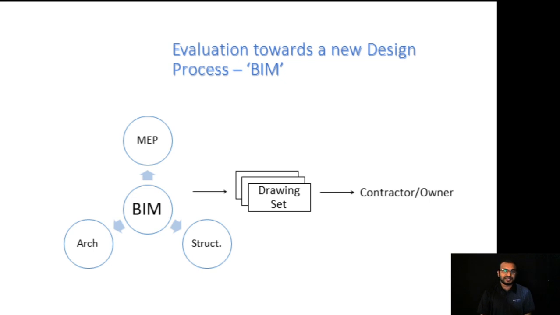For any project you will have an architectural team, a structural team, and an MEP team, and finally in this BIM platform, each of the three disciplines will submit their model to prepare a drawing set which can be used for construction. Hope you got the point.